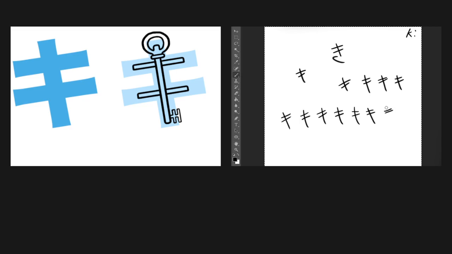It's at a bit of an angle. These lines are not exactly horizontal. And the bottom is a little bit longer. It's not as long as I'm making it, but it's a little bit longer than the top.